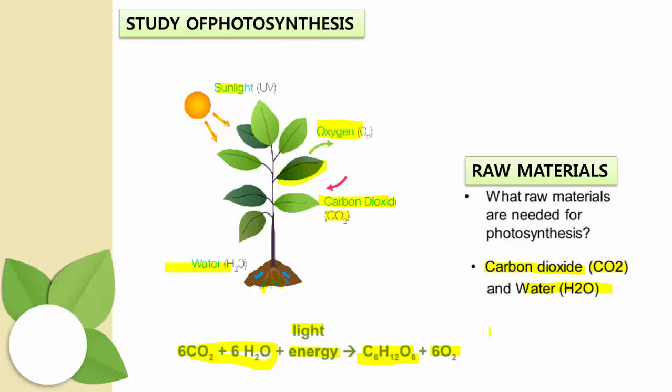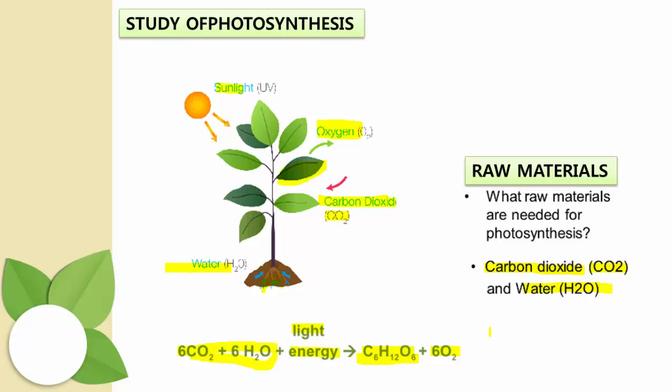So what is photosynthesis and what happens during photosynthesis? Raw materials for photosynthesis and the equation for photosynthesis. During photosynthesis, light energy is converted into chemical energy, and that chemical energy is stored in the bonds of carbohydrates.